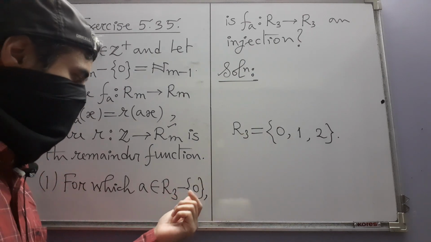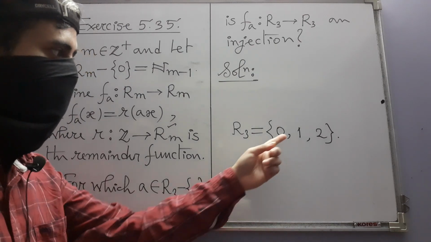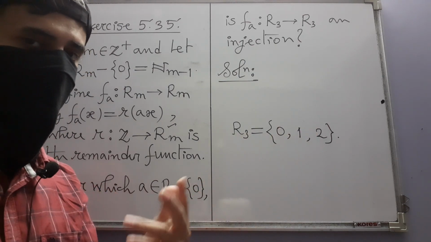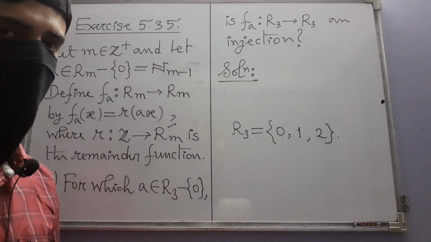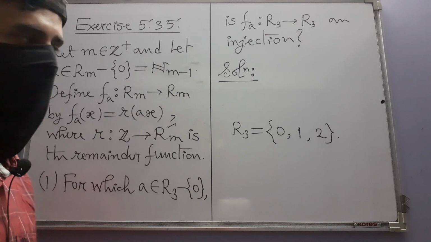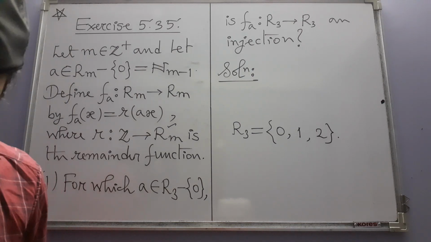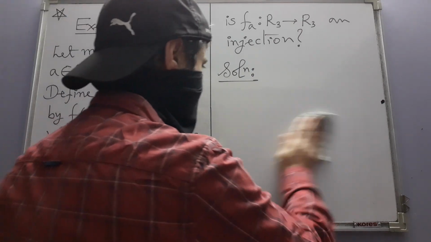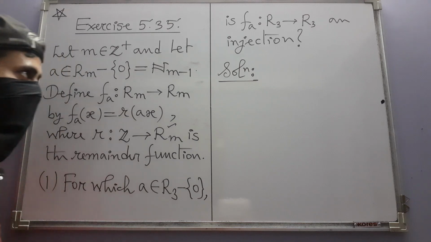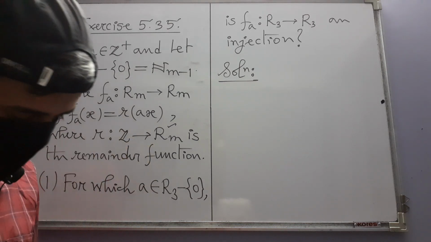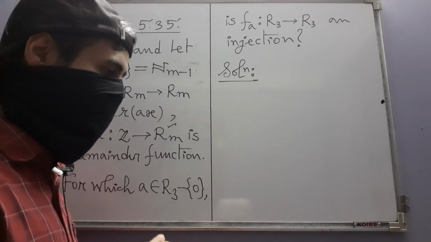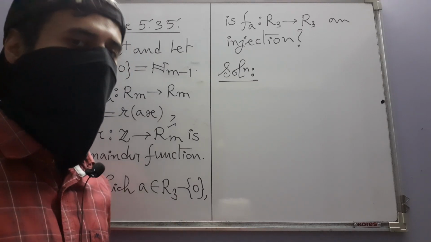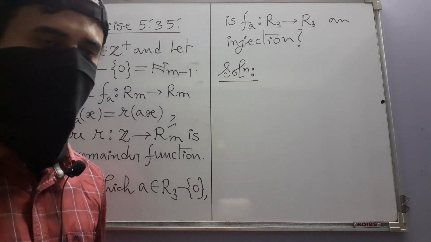So, keeping in mind that a cannot be 0, there are only 2 possibilities. A is either 1 or 2. That means we just have to see 2 functions, f1 and f2. Because there are so few elements in R3, we can just simply calculate the functions entirely and see if they are injective.